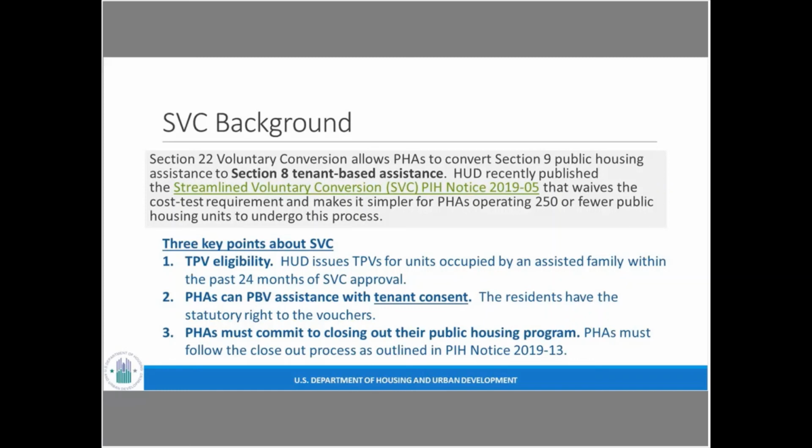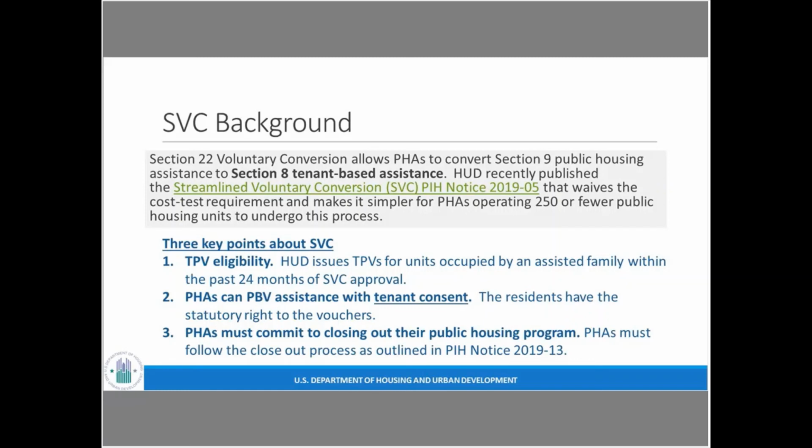So for instance, if you have 40 units and all 40 units are occupied, but 2 are over-occupied by over-income families, you would be eligible to get 40 tenant protection vouchers, but for 2 of those tenant protection vouchers, you wouldn't be able to give those to the over-income families because the over-income families themselves do not qualify for HCV assistance.